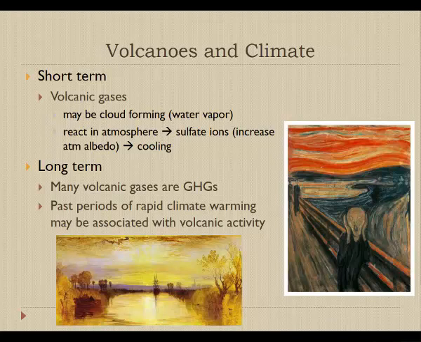And so those gases may, one, just initiate cloud formation that can block out the sun a little bit. We mentioned that clouds have high albedo earlier on in the class. And in particular, some of these volcanic gases will create sulfate ions in the atmosphere, and these sulfate ions are really good at reflecting solar energy.